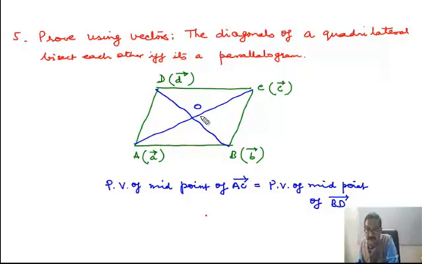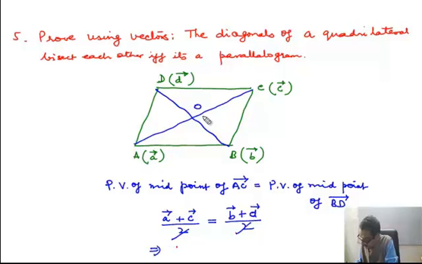Now the position vector of midpoint of AC will be vector A plus vector C upon 2, and the position vector of midpoint of BD will be vector B plus vector D upon 2. 2 and 2 are cancelled, and this gives us A plus C vector sum is equal to B plus D vector sum.